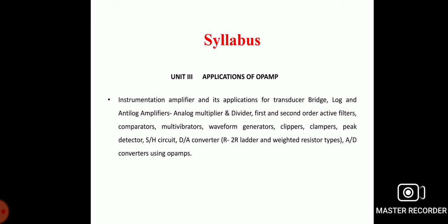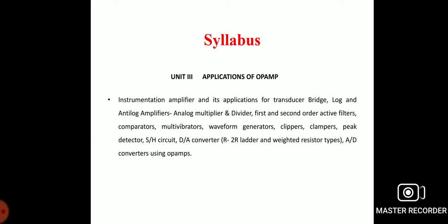First, we discuss the topic of instrumentation amplifier and applications for transducer bridge circuit and log and anti-log amplifiers, analog multiplier and divider, first and second order active filters, comparators using operational amplifier, multivibrators and waveform generator using the operational amplifier, and also the clipper and clamper circuits, peak detector, sample and hold circuits.